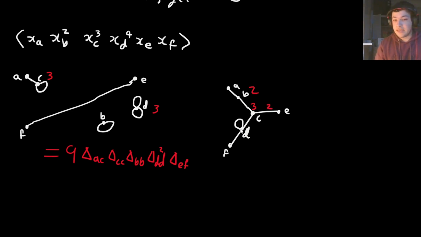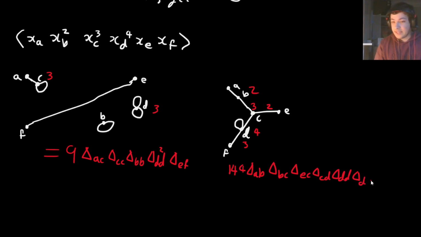Then D is forced to plug into C there, but C has 4 choices for where it goes on D. F has 3 choices, so you get 3 times 4, 12, 36. 36 times 4 is 144. And then what lines do we have? We've got delta AB, delta BC, delta EC, delta CD, delta DD, delta DF. That's that diagram.